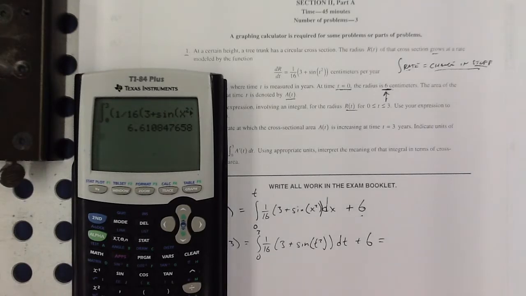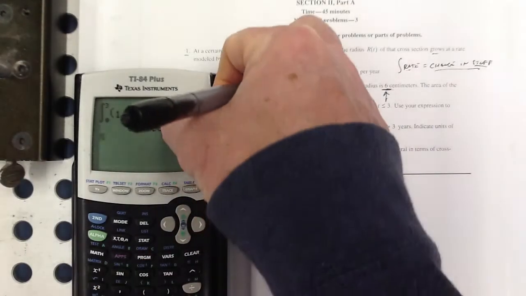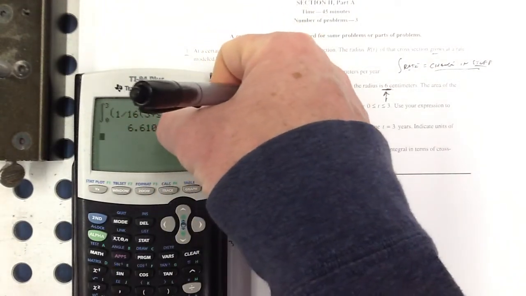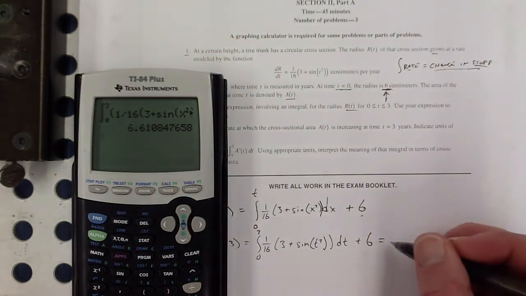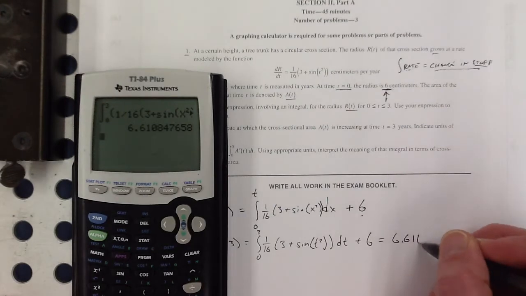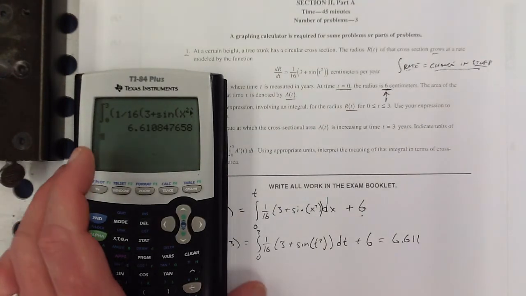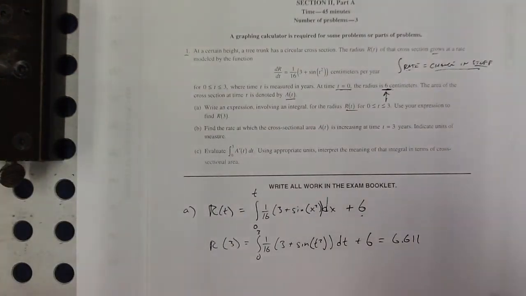Now, College Board wants our answers rounded to 3 decimal places, so 6.611. And that would be in centimeters.